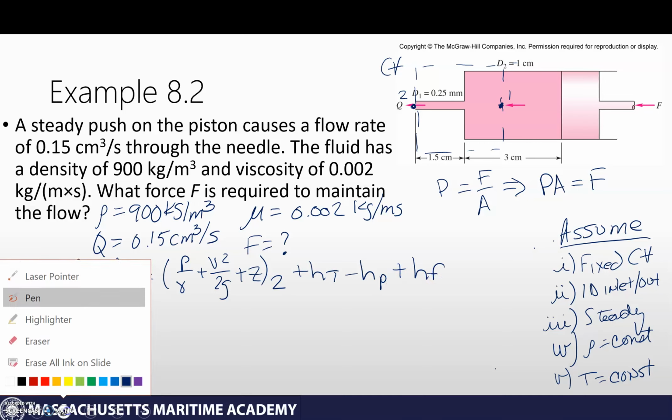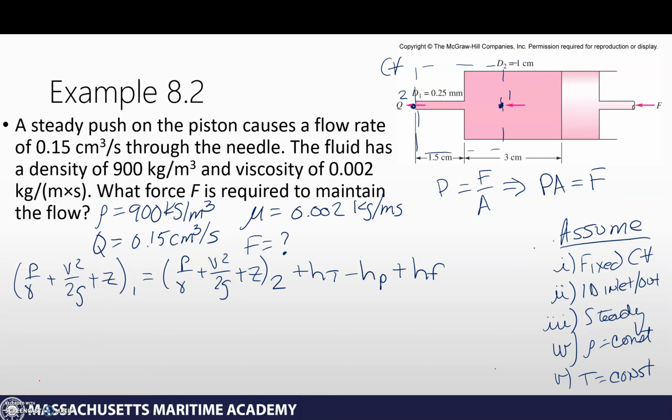Now, let's go through and knock out the low-hanging fruit. When I talk about low-hanging fruit, I mean the stuff that's just going to fall out, like right here. There's no turbine, no pump. They fall away. Z, we've got everything pretty much on a horizontal level, so we'll just say Z1 is equal to Z2. They'll fall out because they're not trying to push up or down.